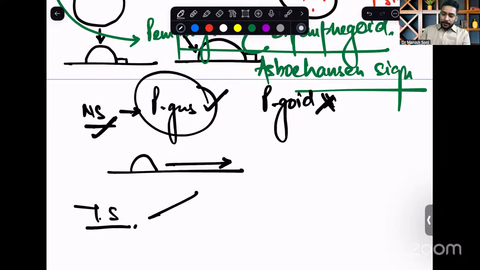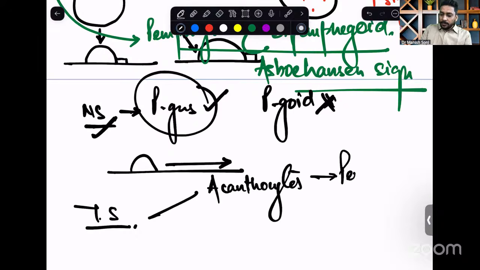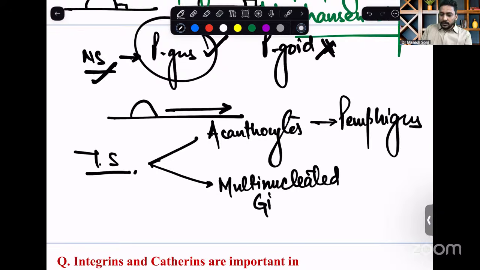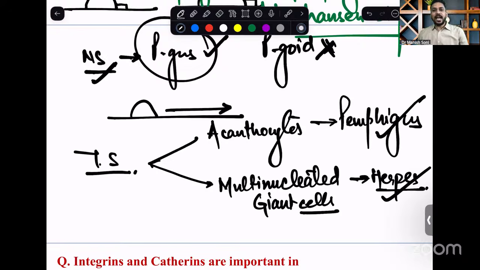And if you find acantholytic cells, then it is suggestive of pemphigus. But if you find multi-nucleated giant cells, then it is suggestive of herpes. So it is helpful in pemphigus and herpes.